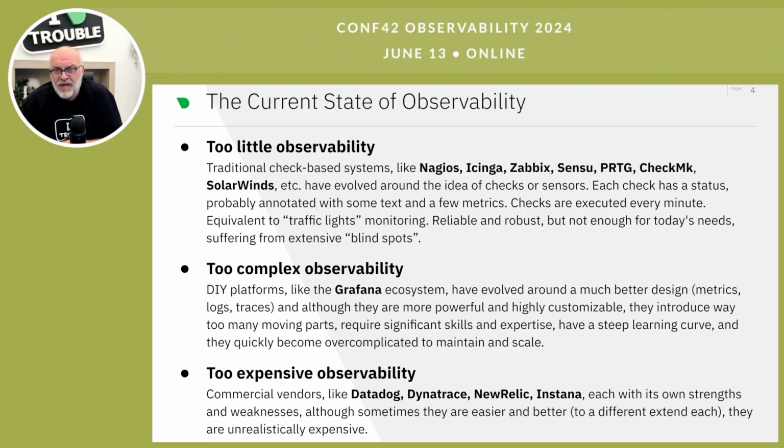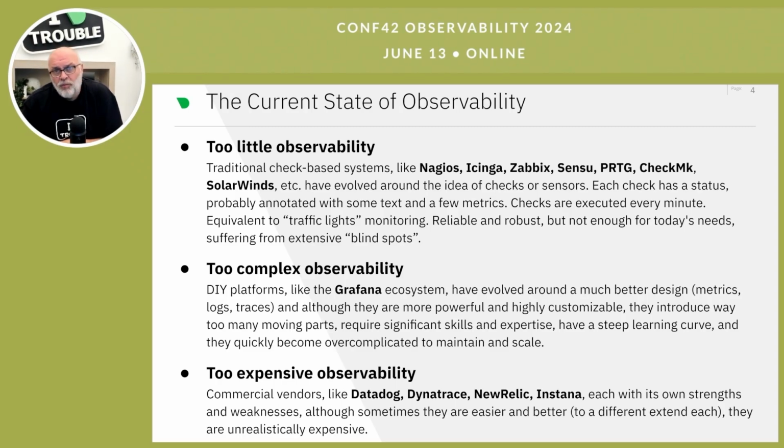These are the traditional check-based systems that do some check, and then you have something like traffic lights monitoring, with green, yellow, red to indicate that something needs attention or is problematic. This is a robust solution and there are excellent tools in this area. The problem with this philosophy is that they have a lot of blind spots. They don't monitor much. They monitor only the things that they have checks for.